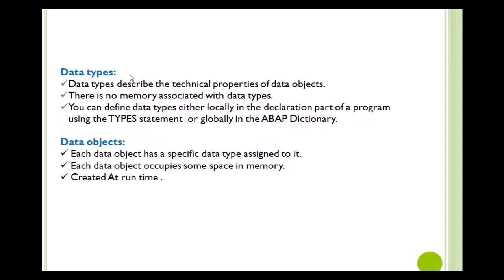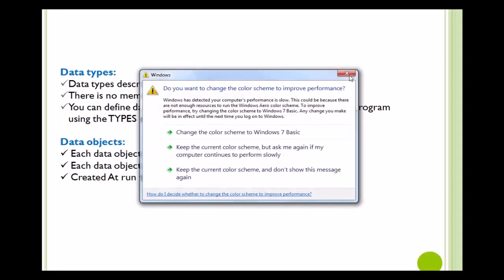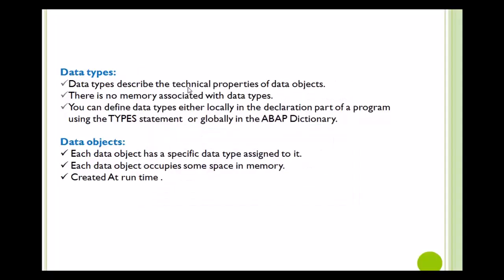And before that, a data type describes the technical properties of a data object. There is no memory associated with data types, it's a plain description. You can define data types either locally within an ABAP program in SE38 by using the TYPES keyword, which we are going to create as local data types.